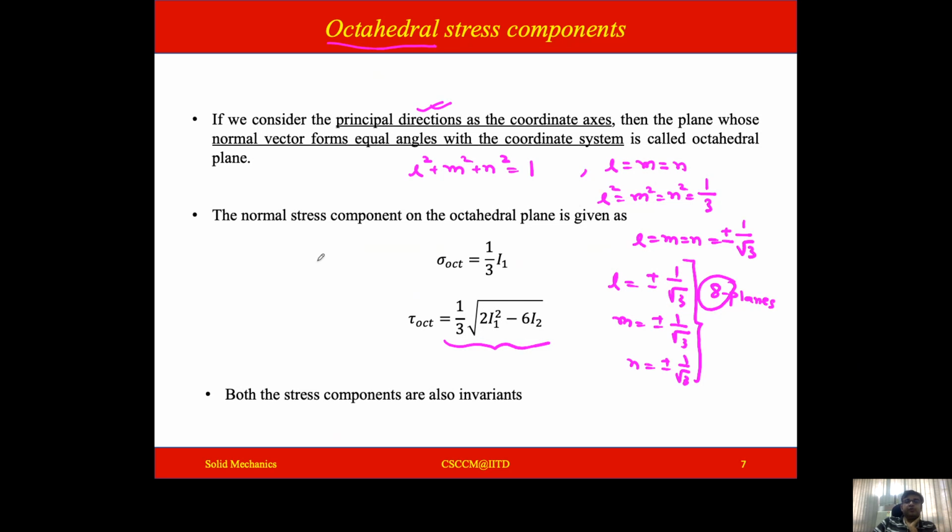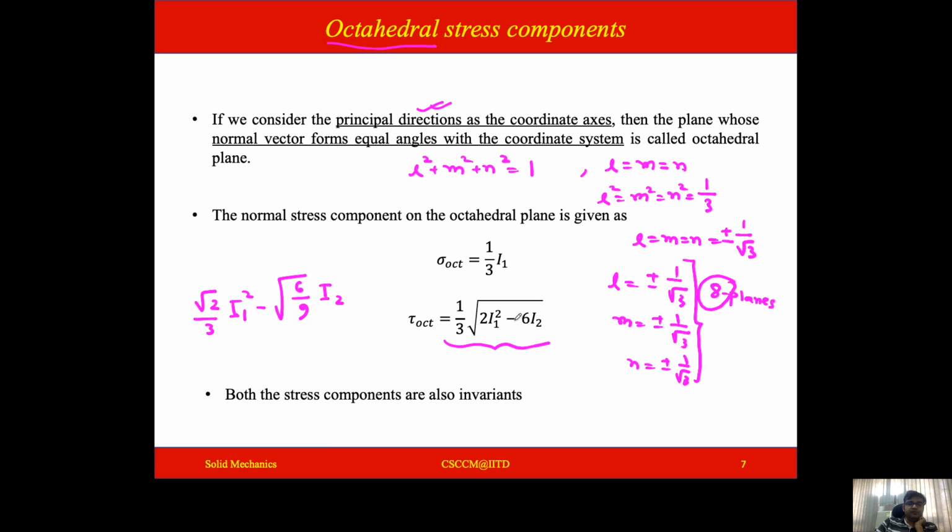So if you take the square root, you will find that this will become square root of 2 by 3 I1 square minus square root of 6 by 3. So if you take 3 inside, it will become square root of 6 by 9 actually, I2.